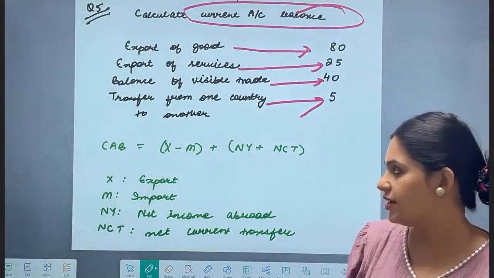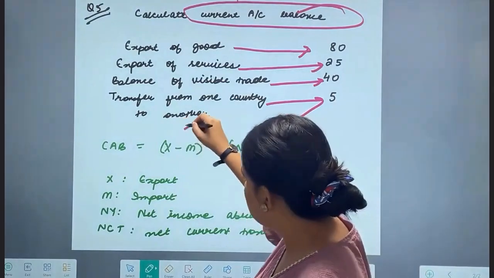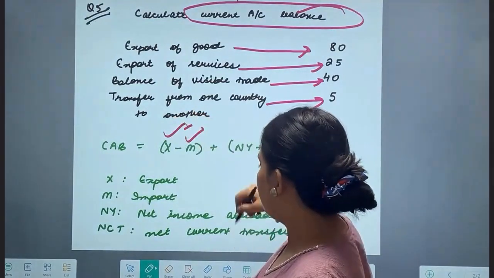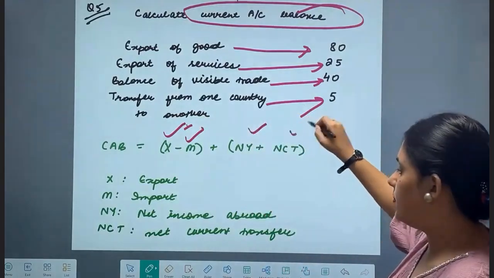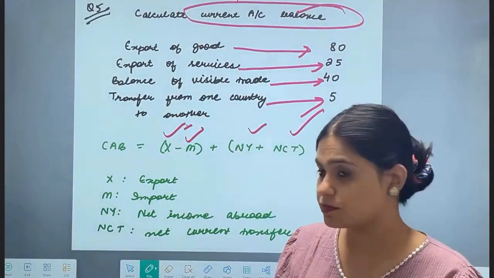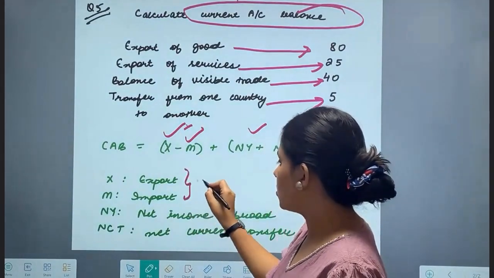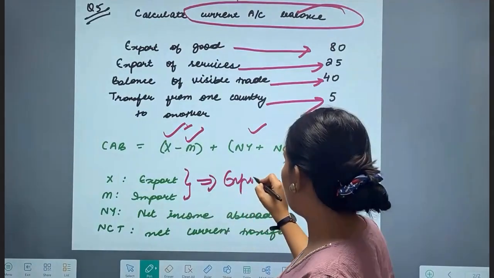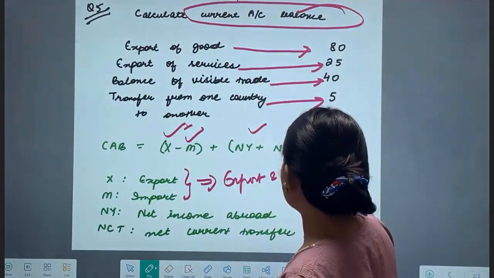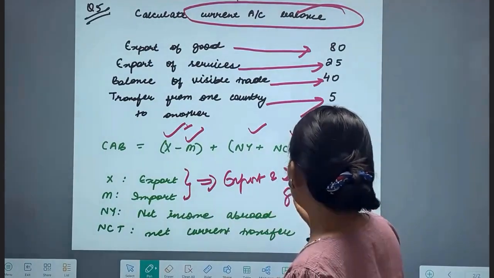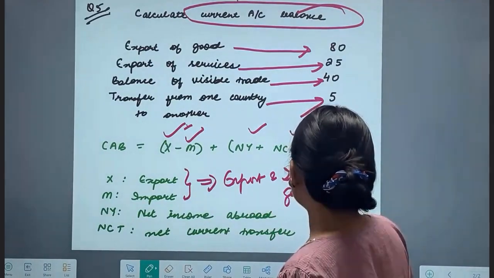Current account is export minus import plus net income abroad plus net current transfer. When we talk about export and import, this means export and import of goods and services.